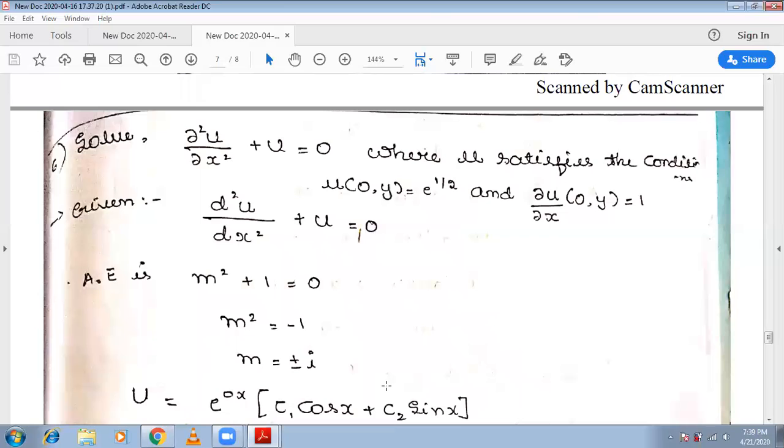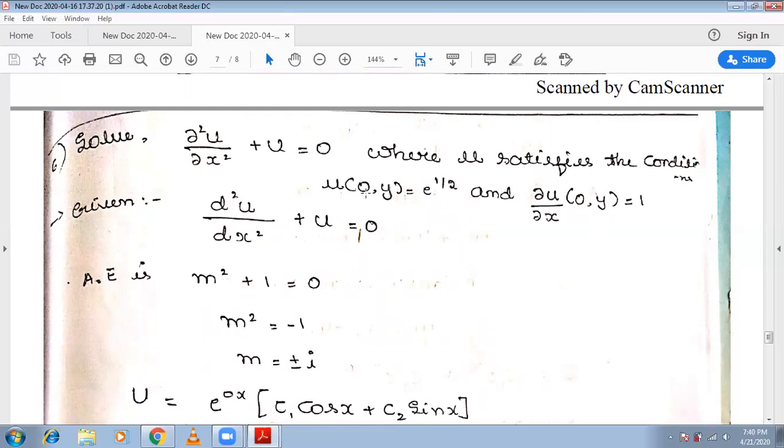See the next problem. Del square u divided by del x square plus u is equal to 0, where u satisfies the conditions u of 0 comma y is equal to e power 1 by 2 and del u by del x of 0 comma y is equal to 1.